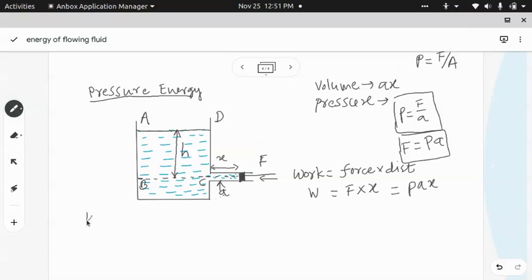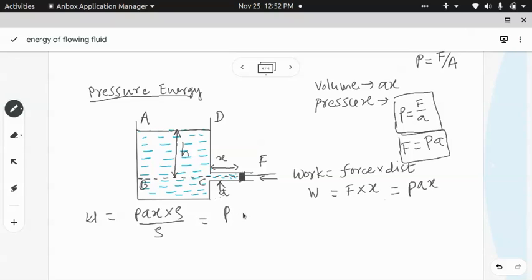So what can I write here? W equal to P A x multiplied by rho and divided by rho. Does it make any change? No, obviously not. So what can you write here?